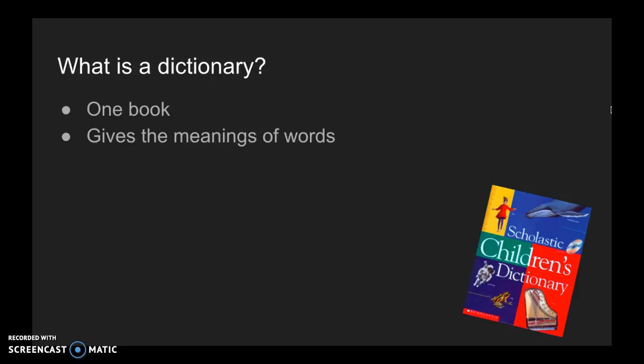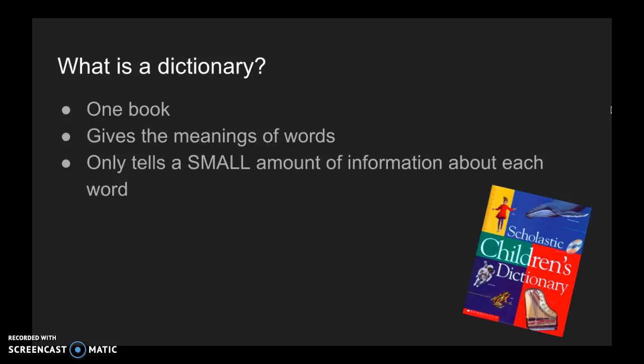And a dictionary gives you the meanings of all of these words. But a dictionary only tells you a small amount of information about each word. But because of that, it can be great for finding out the definition or meaning of a new word and to help you learn how to spell a word.